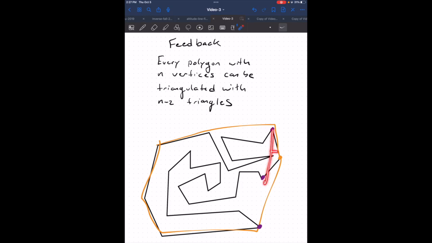I want to go this direction, and I want to take the point that is not on the convex hull furthest in that direction. In this example, that would be this point, and if I connect that, this will be my bisector. And so then I can decompose my polygon into n-2 triangles. So a little bit clearer. Wanted to revisit that briefly.